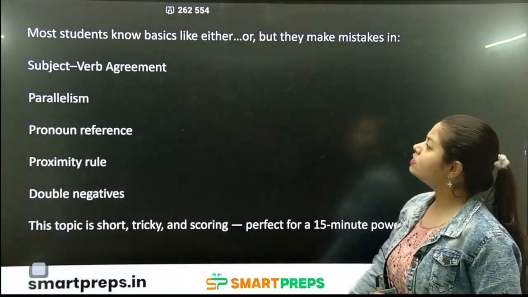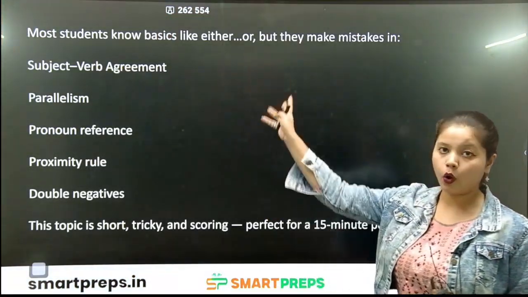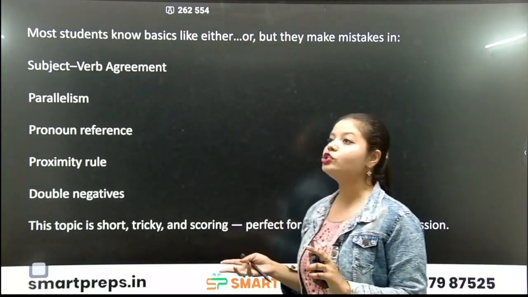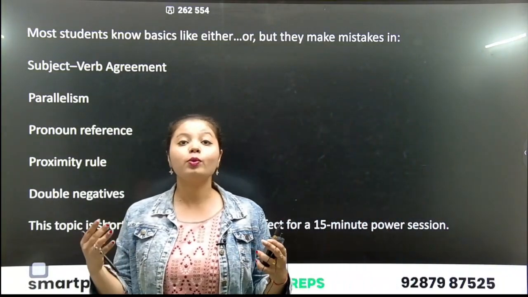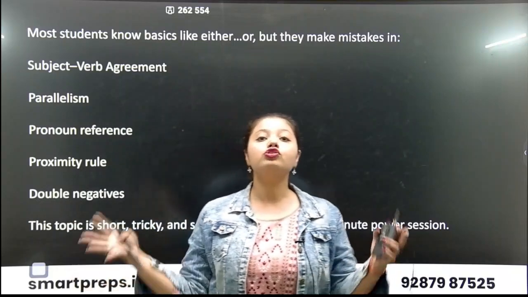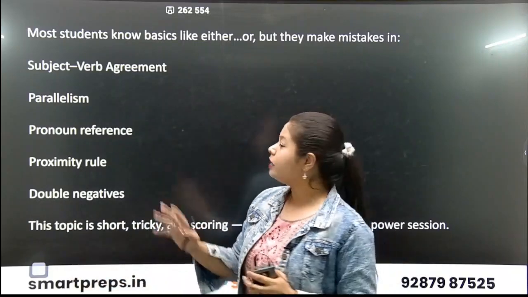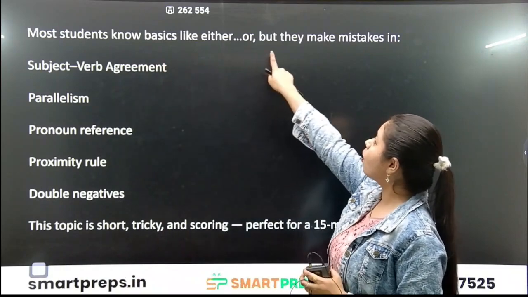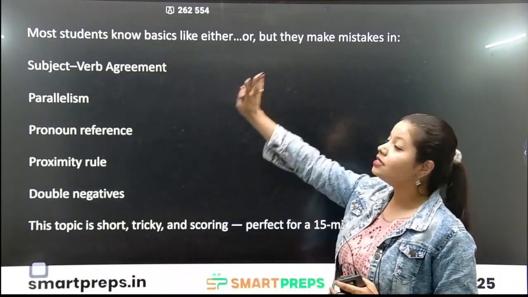See, most students know the basics like either or. Correlative conjunction means two words which help to begin another statement, to join the statements. Most students know the basics like either or, but they make mistakes in certain things.